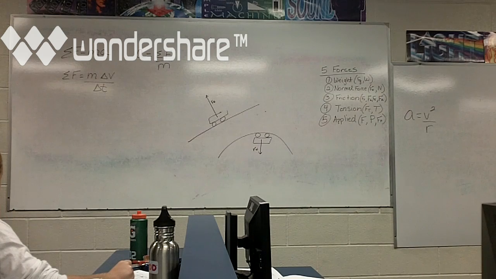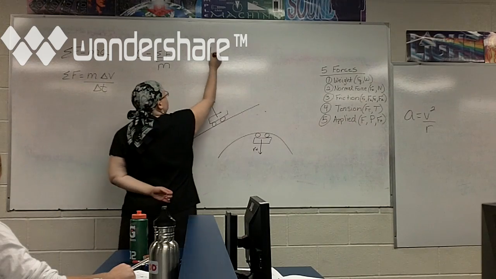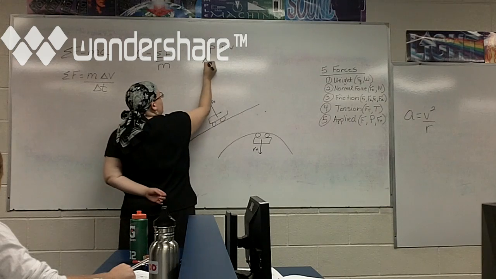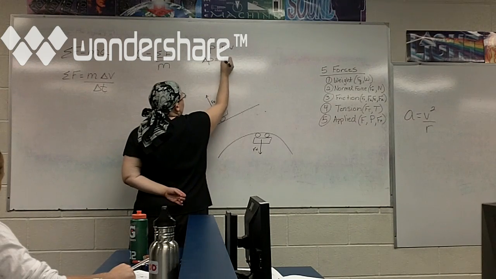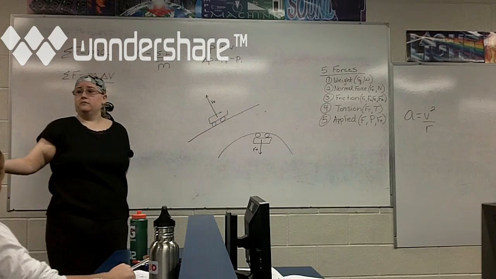And then I realize, oh okay, there's a thing called momentum. Momentum is mass times velocity, and a change in momentum would look like this. So let's talk about what momentum is. If momentum is mass times velocity, a change in momentum would be final momentum minus initial momentum, over change in time, right?